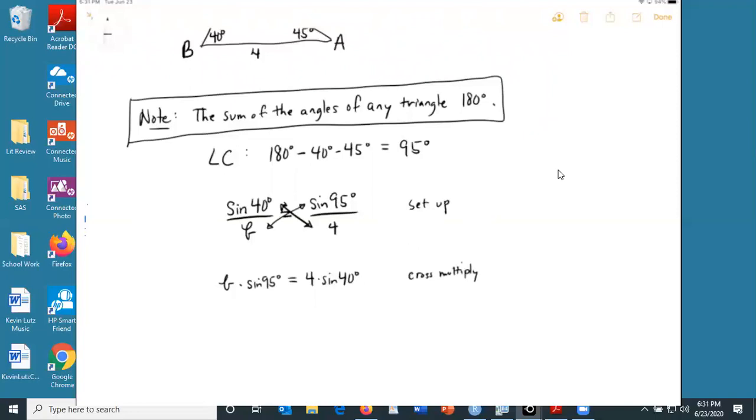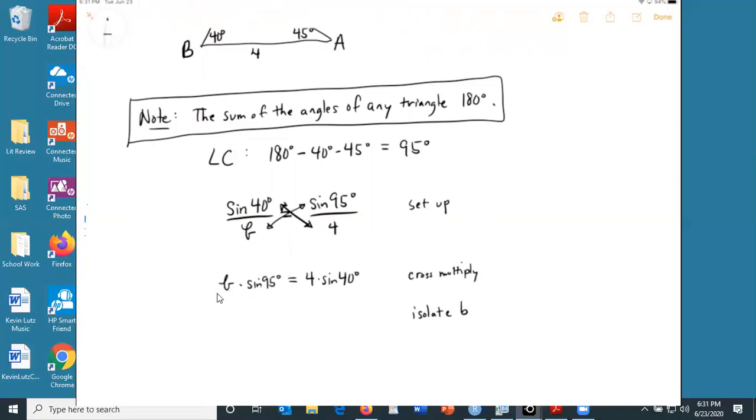All right, and then next, get B by itself. So isolate B. Remember, this sine of 95 is just a number. This whole thing is a number that your calculator knows.